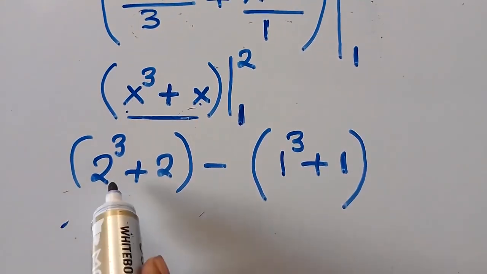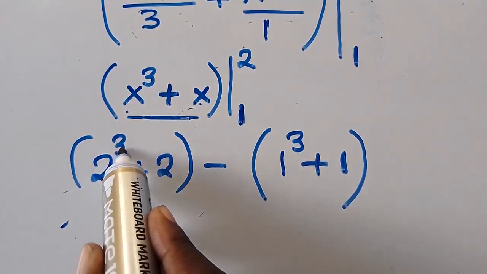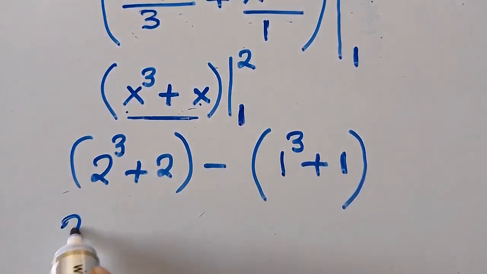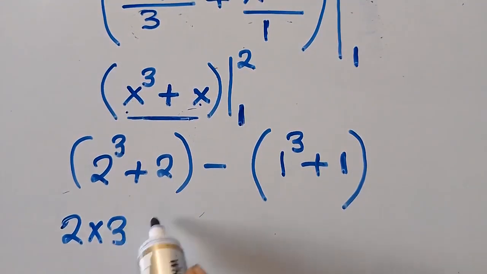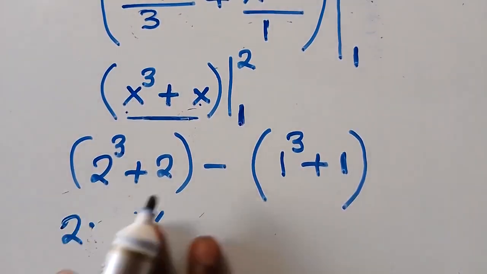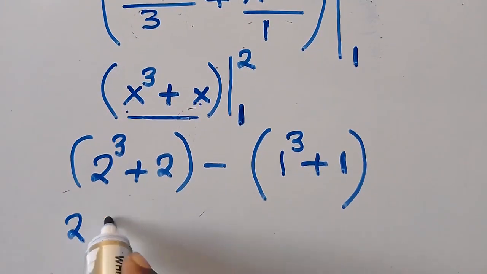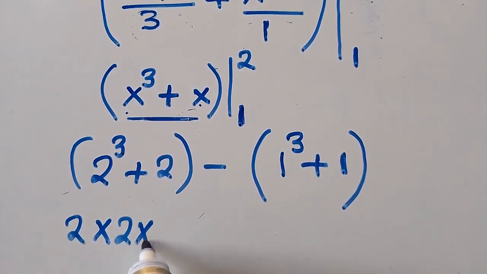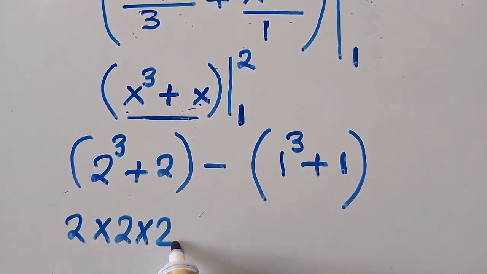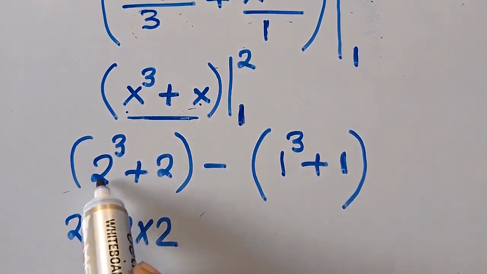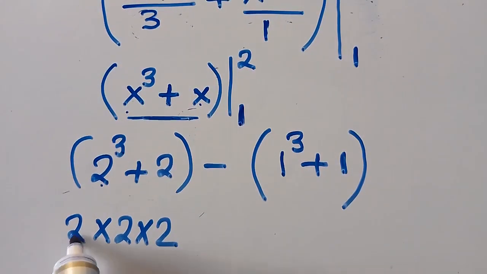So away from this, now you know that 2 to the power 3 does not mean 2 times 3. No, this is not correct. This means that you are multiplying 2 three times by itself. So you are saying 2 times 2 times 2. This is what it means when you say 2 to the power 3. 2 times 2 is 4, times 2 is 8.